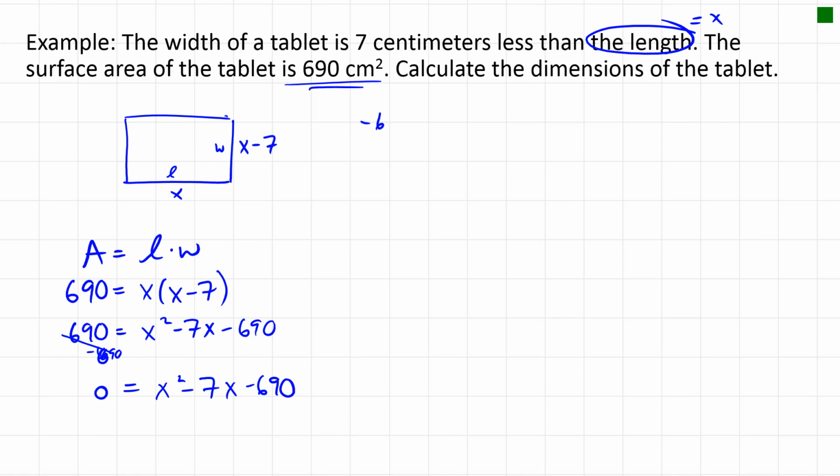So I just tried dividing 690 by 30, and sure enough, I get 23. And if I was to use negative 30 and positive 23, they'd multiply to negative 690, they'd add to negative 7. And so this was factorable, and I got lucky with my guess, but it was an educated guess, so I'll take it.